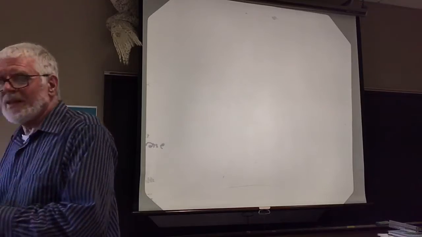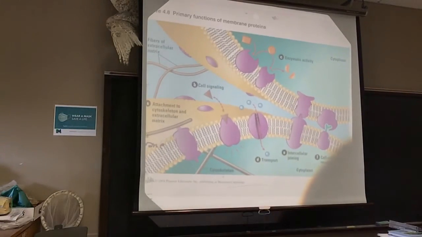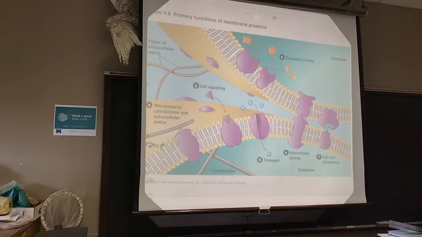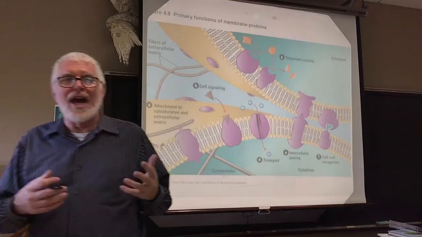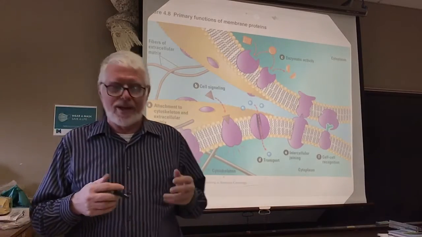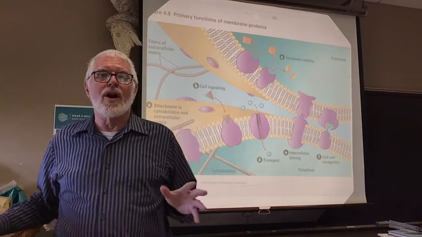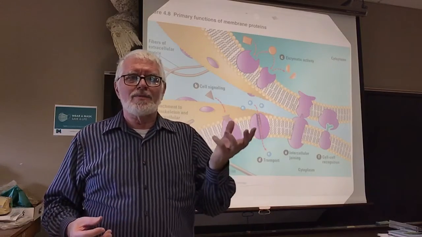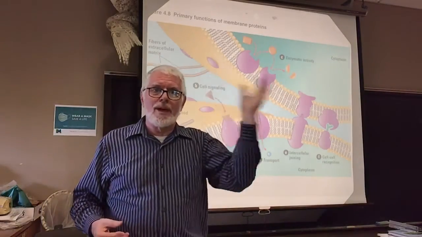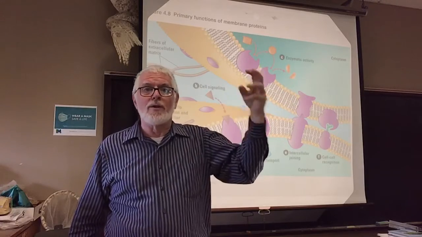So now the question is, we got all these proteins stuck in the membrane. What are they doing there? And I'll go back and write this down. But there's a lot of stuff that these proteins can be doing, some of which we've already talked about when we talked about what proteins do. Some of these proteins are there to pick up information from the outside, very often other molecules.